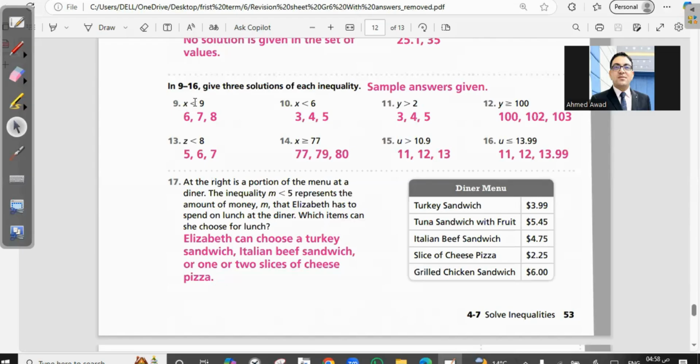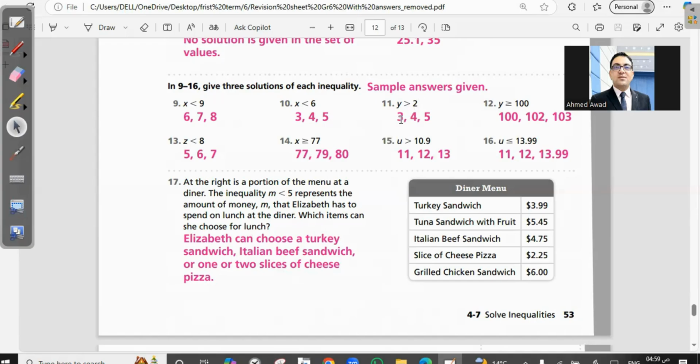If I have x less than 9, this means less than 9 includes many numbers. So maybe 6, maybe 7, maybe 8, maybe 5, maybe 3, maybe 2. So all that's correct? Yes. What about if I have y greater than 2? Greater than means more than 2. 2 is not included in the answer here.